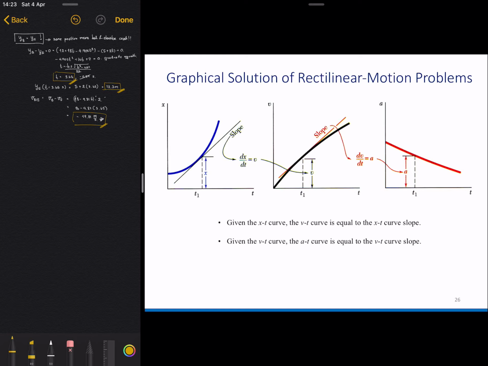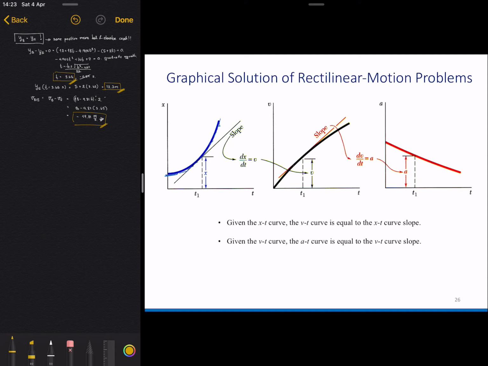So here, if you plot things, if you plot the slope here, for example, if you can see my pen, you plot the slope for every single point on these positions, and then you will get the number for each slope, and then you plot it here, you will get the velocities.